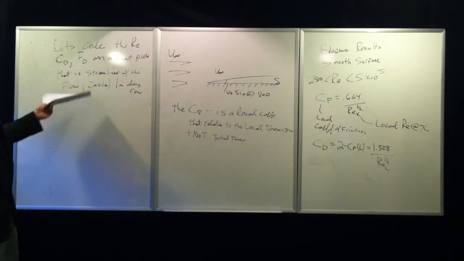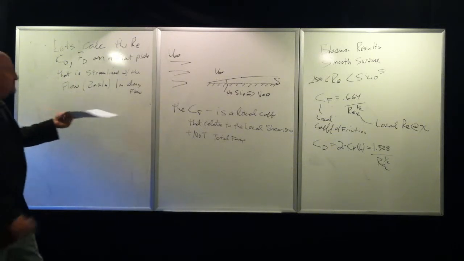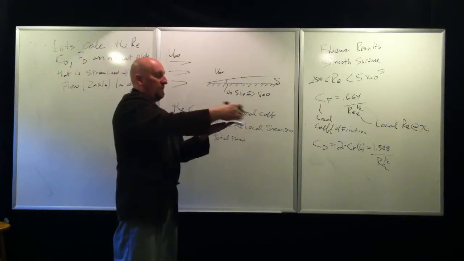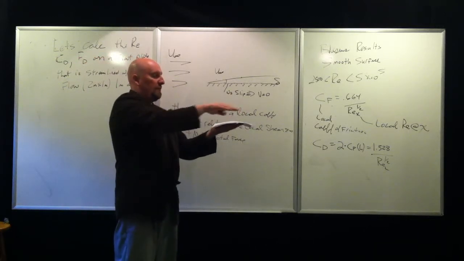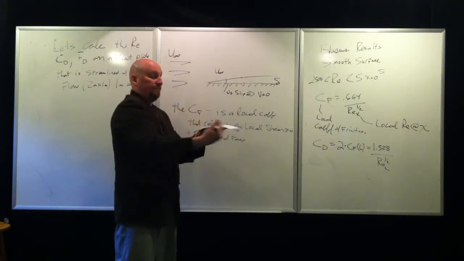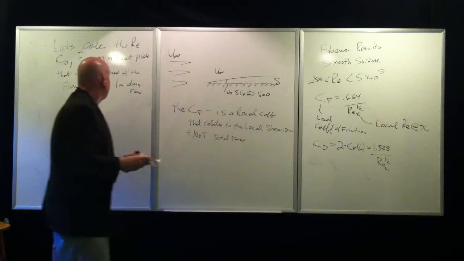The size of the plate will be 2 meters by 1 meter. Could be represented at a smaller scale, 2 meters this way, 1 meter this way, flow going over the top of it, so the length of the flow is going to be 1 meter to evaluate our Reynolds number.